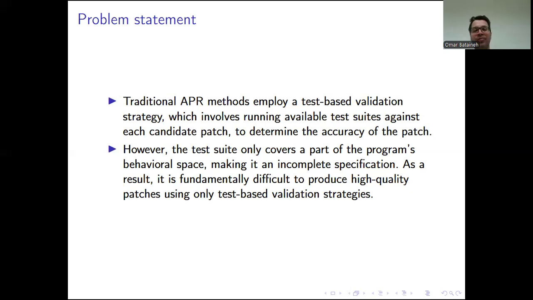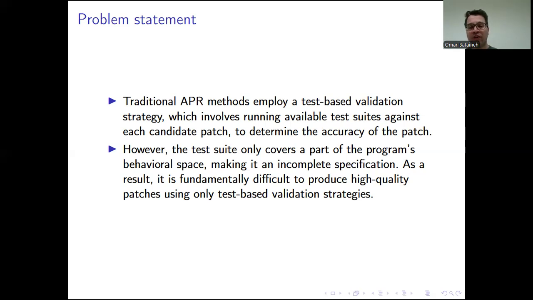It assumes the availability of a limited number of validation tests, and it uses these tests to validate the patches until the tool identifies a patch that passes all test cases. At that time, it declares that it found a good patch, and then it produces that patch as a good patch.